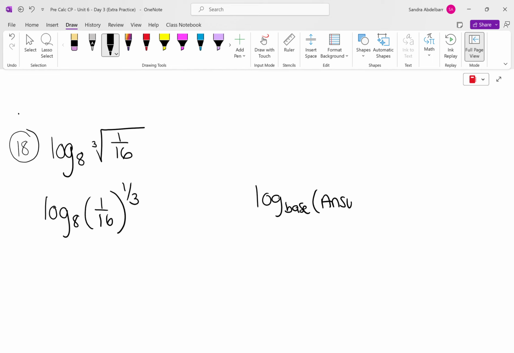So remember, it's log base answer equals exponent. So I want you to change this into exponential, no more log. So what's our base? 8. So 8 to the x equals what?